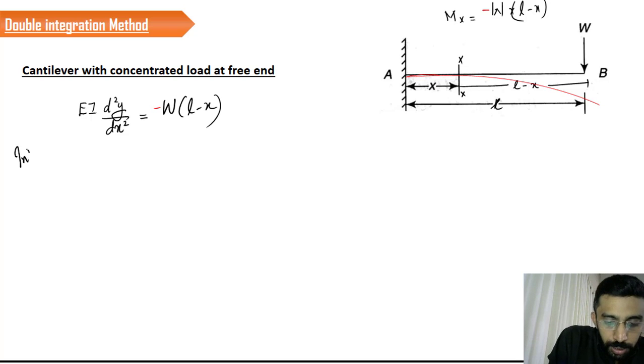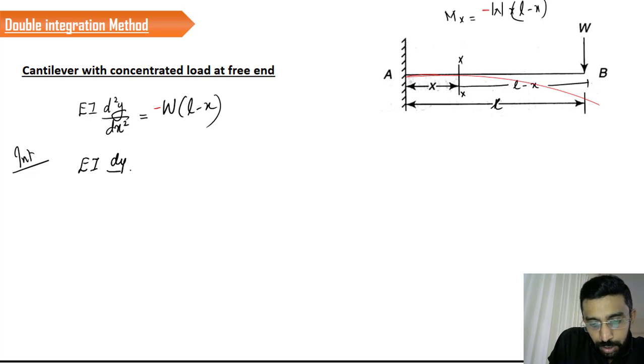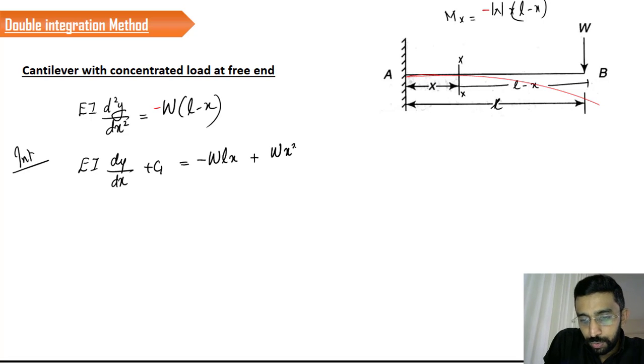Upon integrating, we get EI into dy by dx plus c1 equal to, if we integrate W into L minus x, it is going to be W into Lx plus W into x square by 2, right? For the time being, I will write the value of c1 on the right hand side.